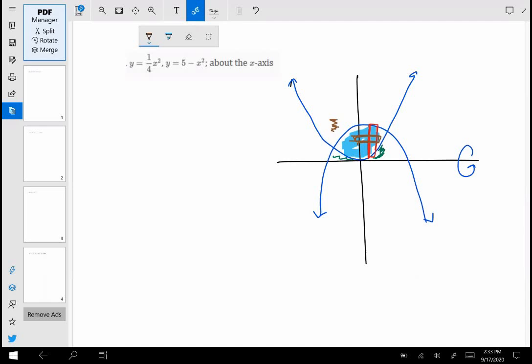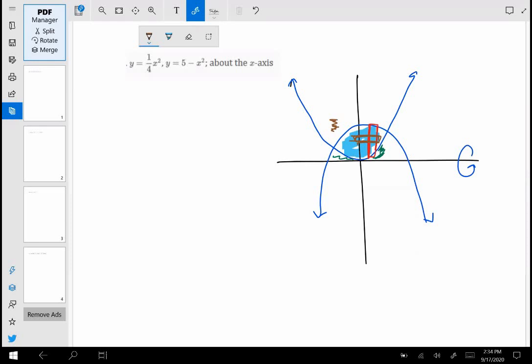Now, is there any trick we can use to maybe simplify our calculations either way? Yes, and that's one thing I would definitely think about doing is that these parabolas are symmetric, even though I don't have it drawn that way.